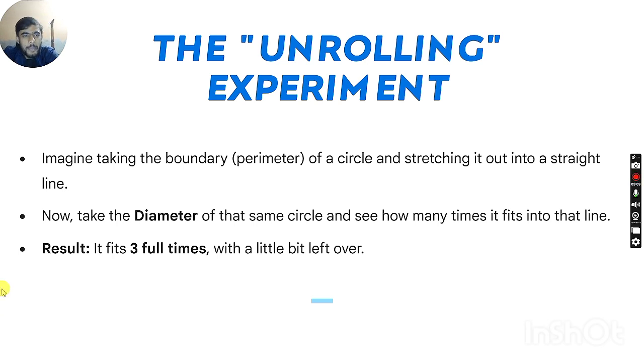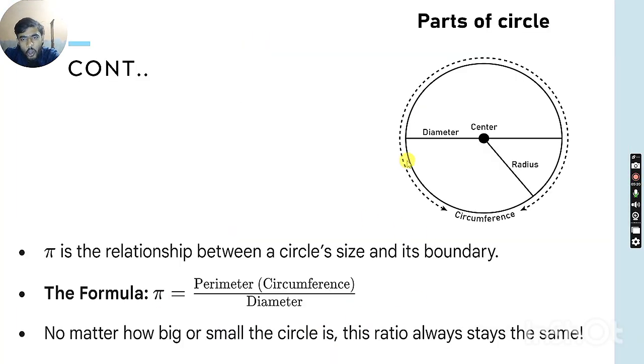So imagine taking the boundary of a circle and stretching it out into a straight line. Basically, this is our perimeter.